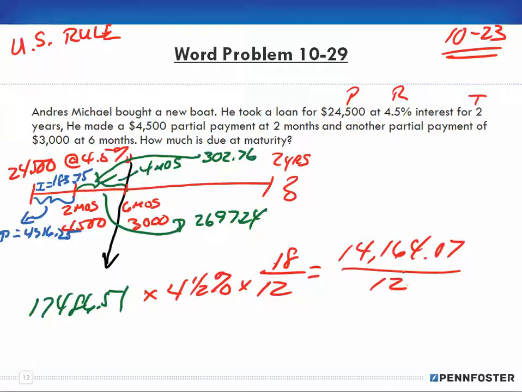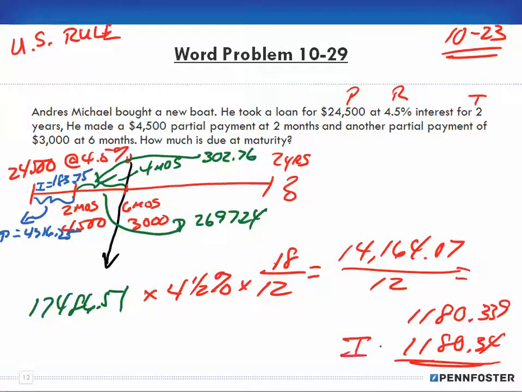Divide that by the 12, and I have interest of $1,180.339, and I round up, so that's $1,180.34 of interest.